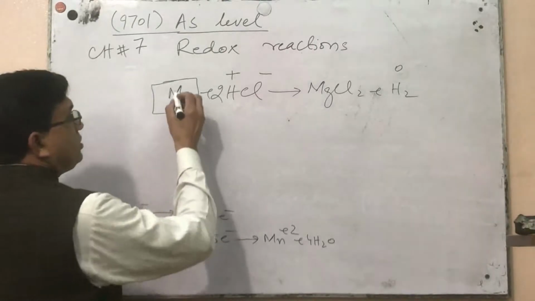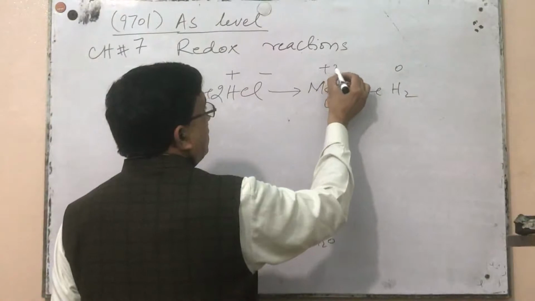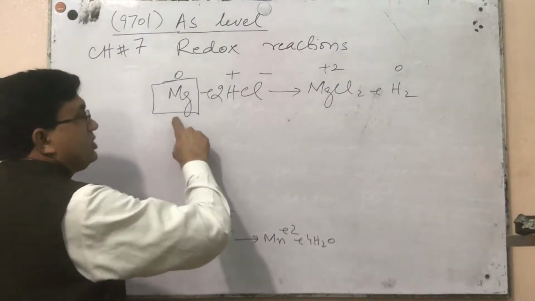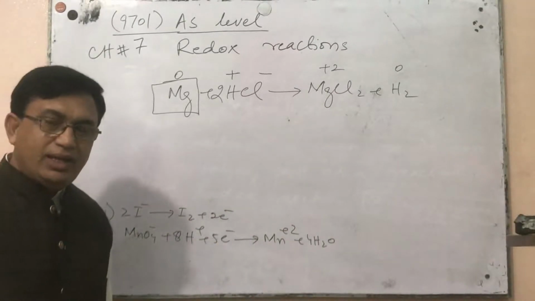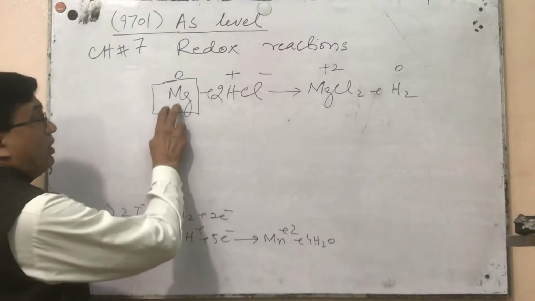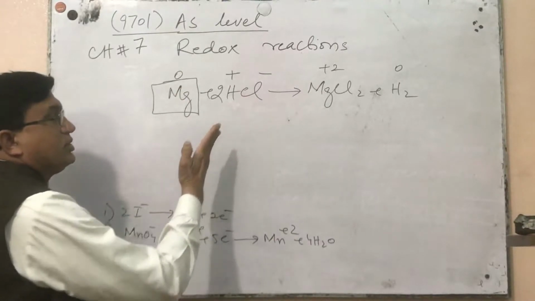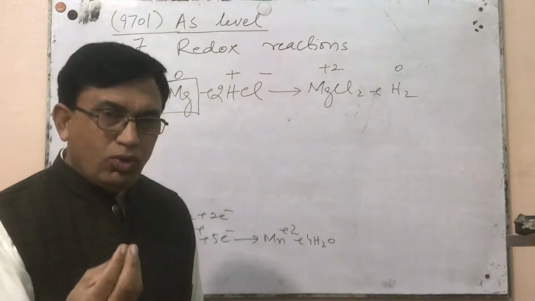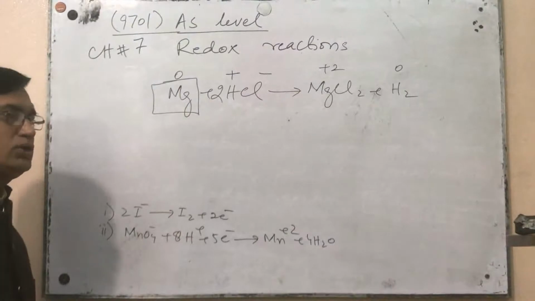And the oxidation state of magnesium is 0, and this is becoming +2. It means that oxidation of magnesium is taking place, so magnesium is acting as a reducing agent. So, according to the definition, whenever the reactants of a chemical reaction contain one or more elements, those reactions will automatically be redox reactions.